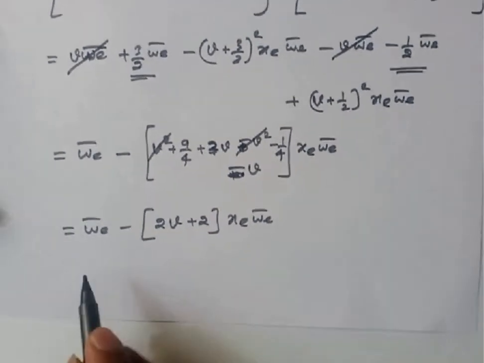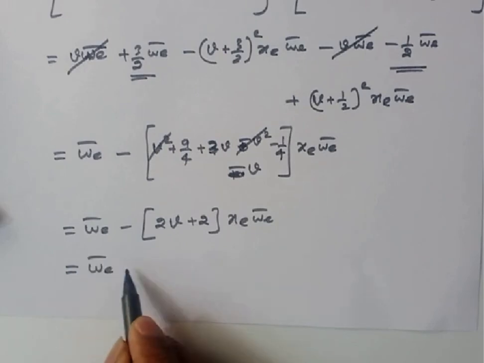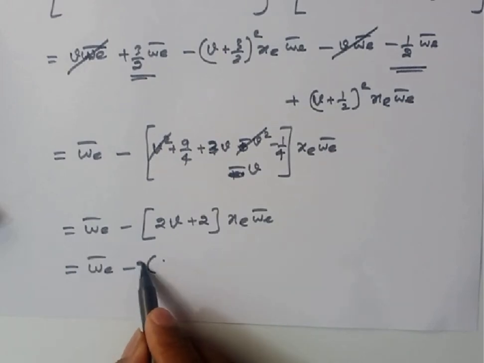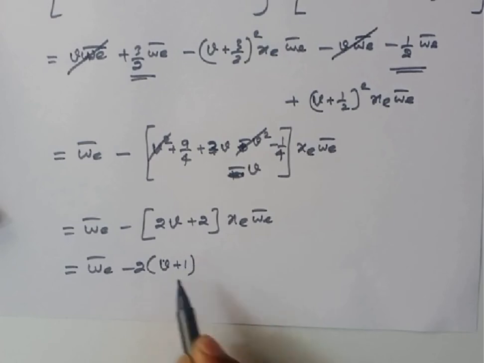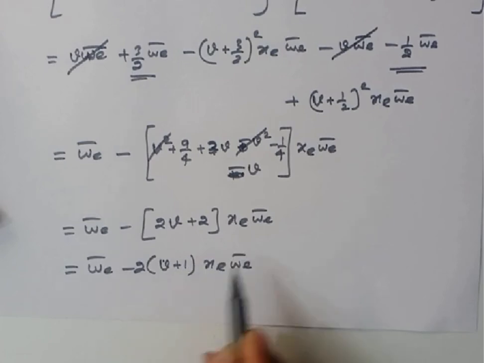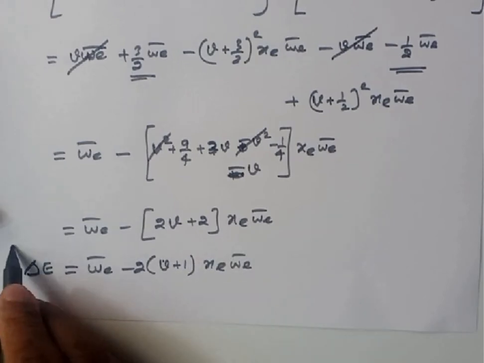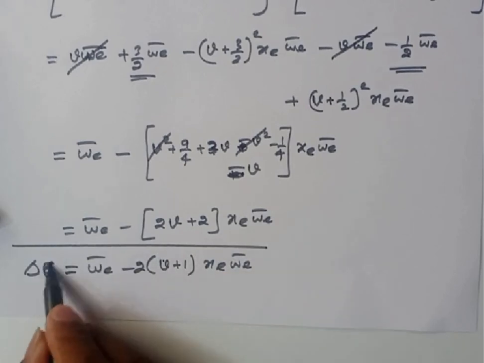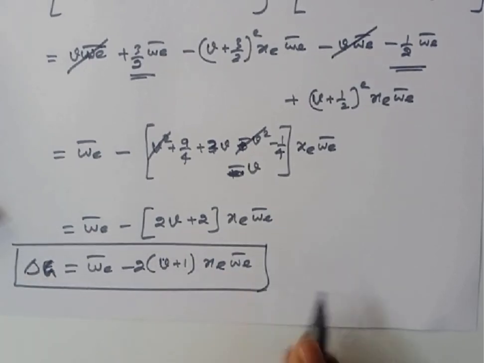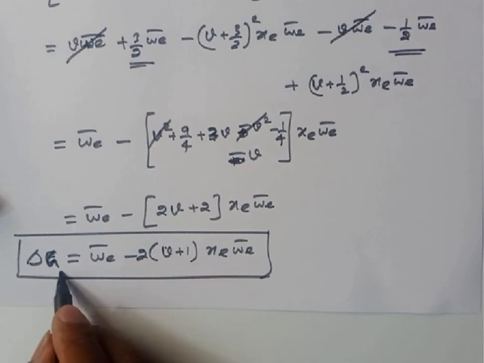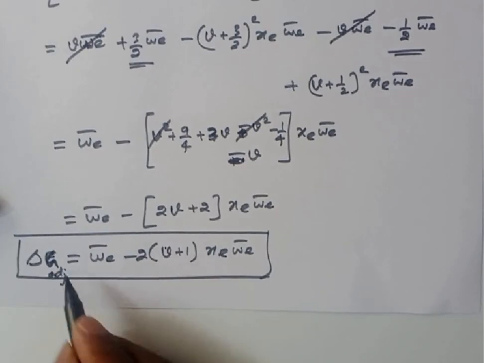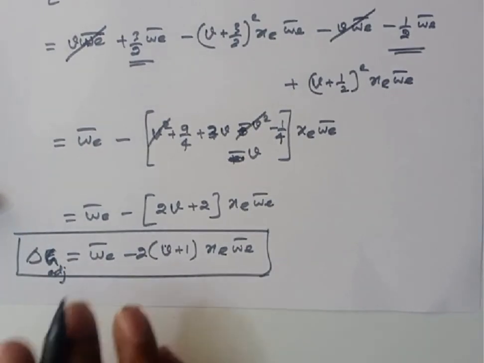If I take 2 as common, I'll get omega E bar minus 2 into (V plus 1) into Xc into omega E bar. What is this? This is the energy gap between adjacent levels. Students, observe carefully.